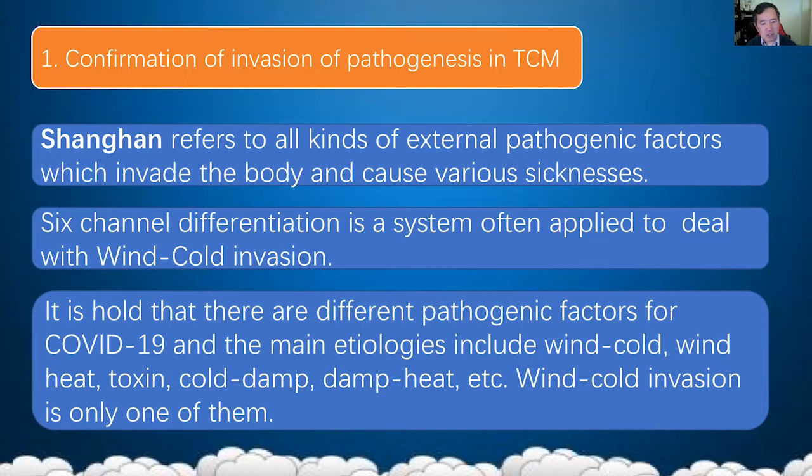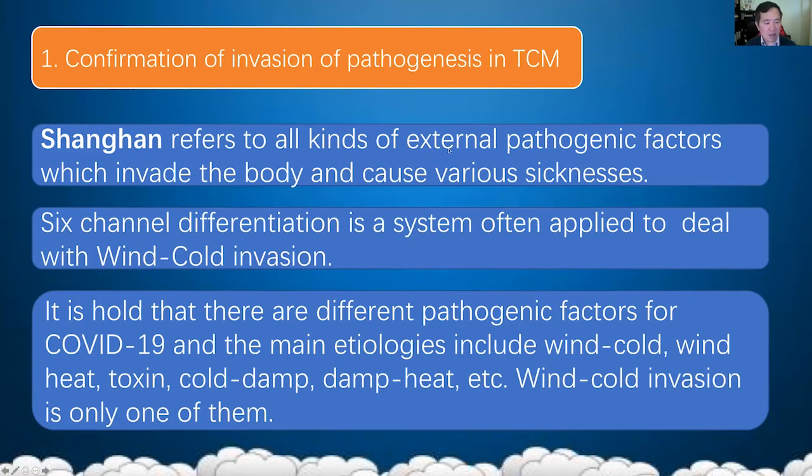When we use 6-channel differentiation, we have to understand that there is a broad sense of Shanghan and also a narrow sense of Shanghan. The broad sense of Shanghan means that we can use 6-channel differentiation to treat all kinds of external invasions.